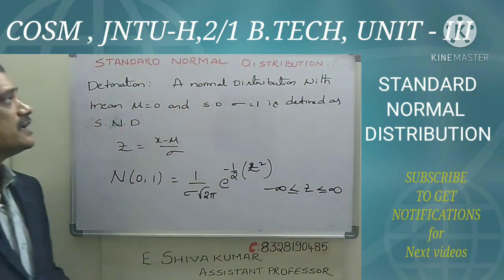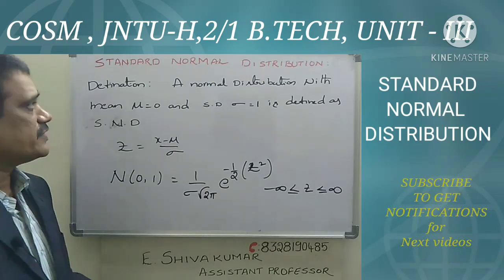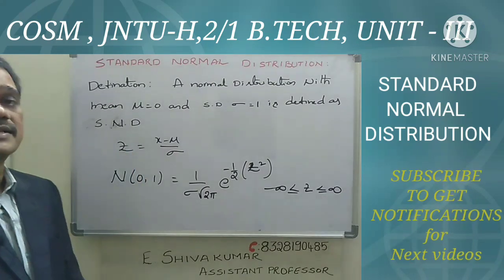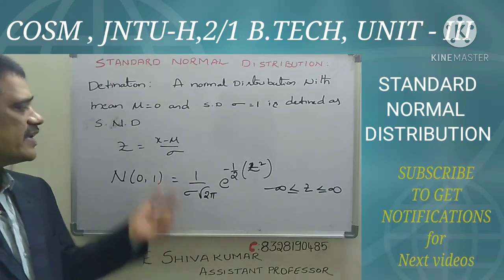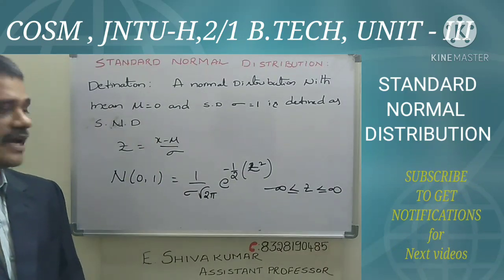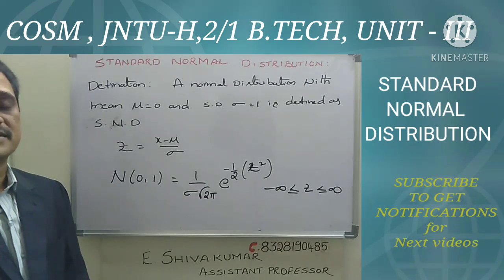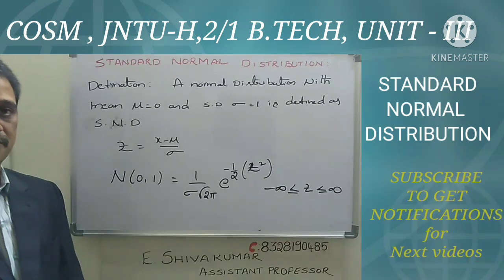This is called the density function of the standard normal distribution, and this z is called the standard normal variate if x is the normal variate, and mu and sigma are the mean and the standard deviation of the normal distribution.